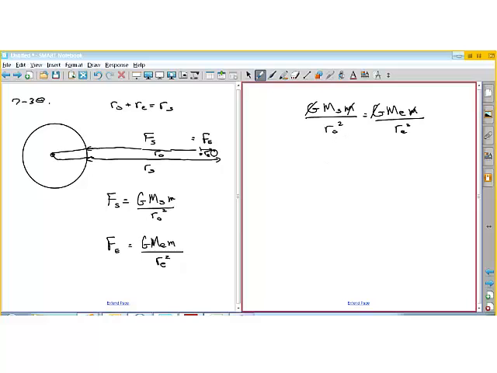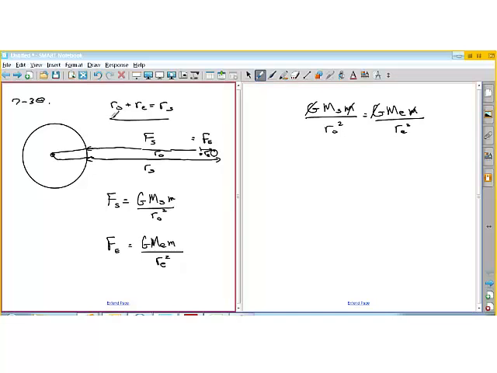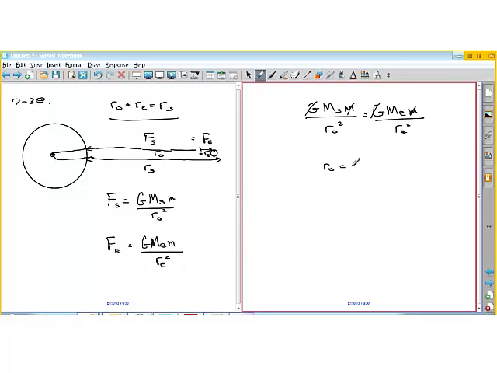And we've got two unknowns and one equation, but we also have this second equation. So what we can do is just substitute in. We know the distance from the Earth to the Sun. That's in the book. So if we say r sub o is r to the Sun minus r from the object to the Earth, we make that substitution in here, we'll have one equation and one unknown.